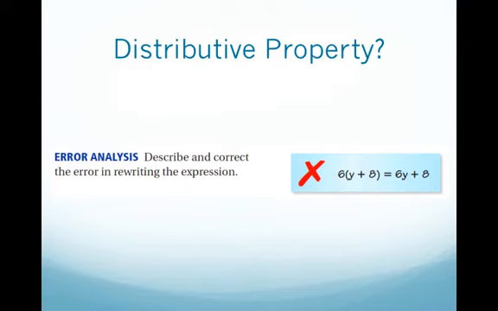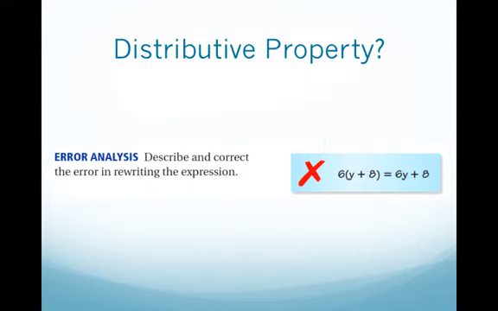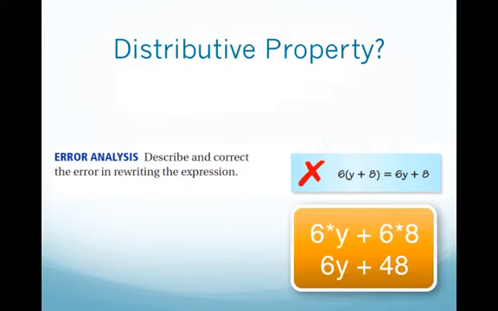See if you can figure out here what the person did wrong and see if you can correct the mistake. What the person should have done was multiply the 6 times the y and get 6y, which is correct, but then also multiplied the 6 times the 8 to get 48.